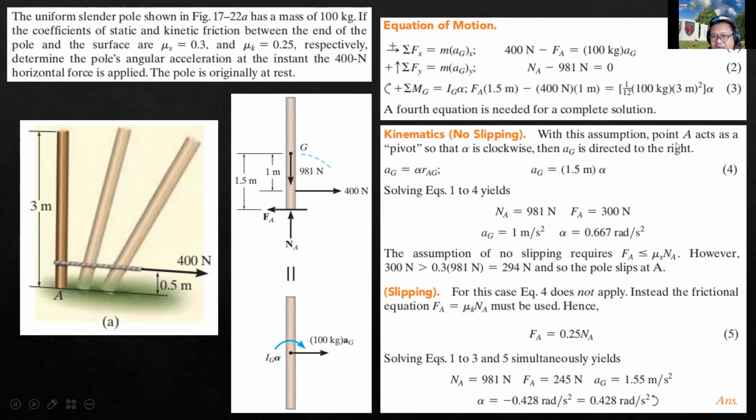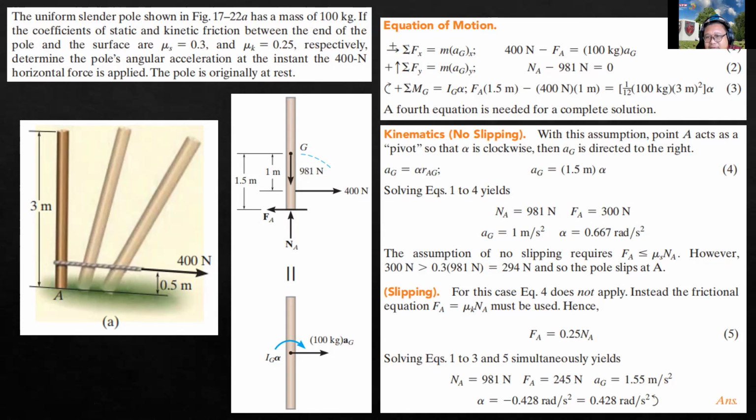With this assumption, point A acts as a pivot. This is your pivot point. So alpha is clockwise, meaning this thing is moving in the clockwise direction, and AG is directed to the right. So AG is equal to alpha R. Remember yesterday I showed you on the whiteboard, V equals R omega, and A equals R alpha.